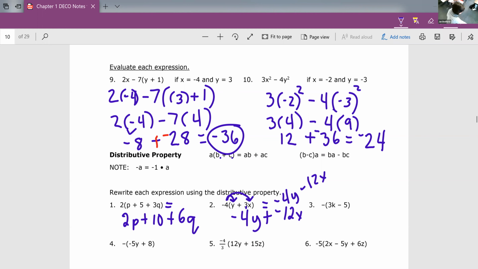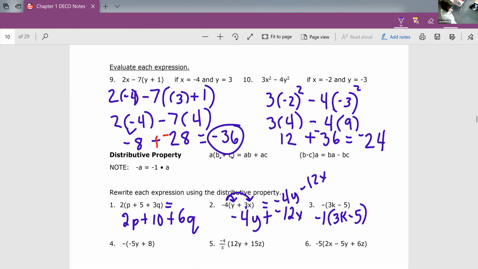Now, look at this. I don't see a number in front of the parentheses, but what do I see? A negative sign. If I just see a negative sign, that's really the same thing as what? A negative 1. So it's like I'm multiplying everything in this parentheses by a negative 1. I think I heard Kelsey say it's also the same idea as taking the opposite sign of everything in there.